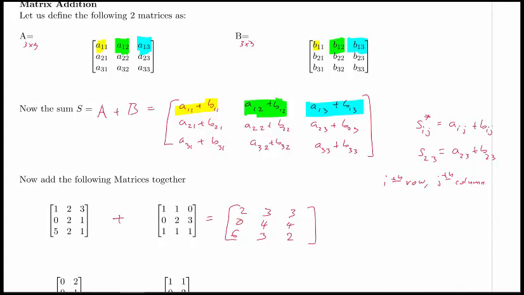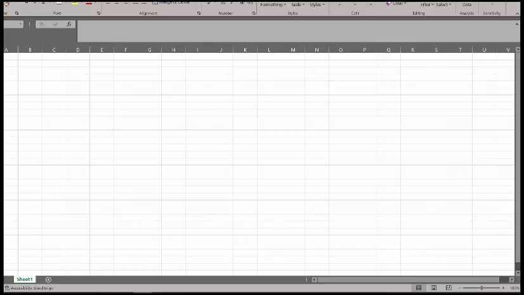Again, this is another 3 by 3. Why don't we go ahead and take a look at this in Excel. Alright, so first we type in the first matrix. Select where we're going to put it. Right there is fine. 1, 2, 3. 0, 2, 1.